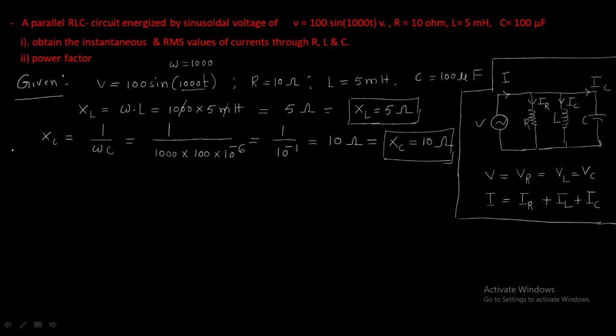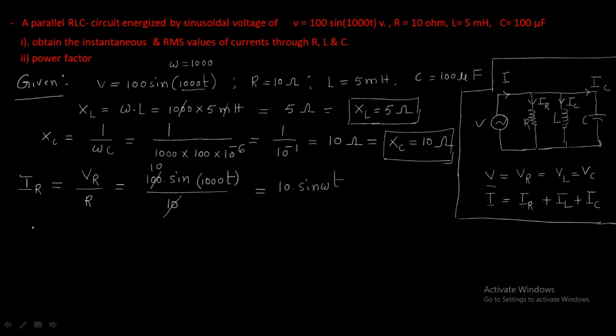Okay, so this is completed, and now we have to find each and every current from the question. First find the IR, the resistive current. Resistive current is simply resistive voltage by resistance, VR by R. VR is nothing but equal to V only. The V value is 100 sine 1000 t, divided by 10, so it is 10 sine omega t.